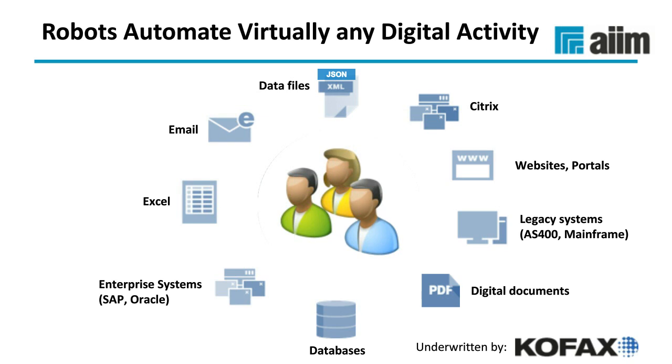Robots can be easily designed to interact with business systems, documents, databases, email systems, to automate these activities and the data within. So it's not just, again, the process or the tasks, but the representative compliance and governance that those tasks need to adhere to in many different business operations.